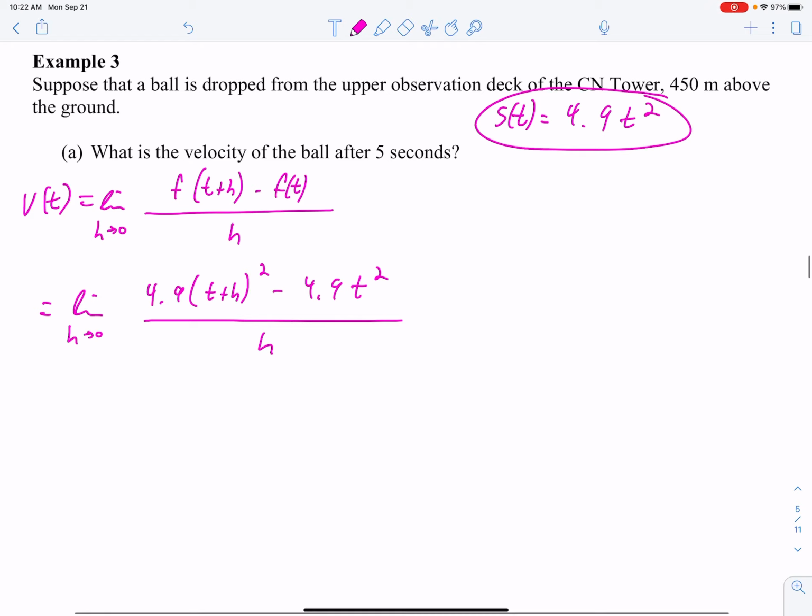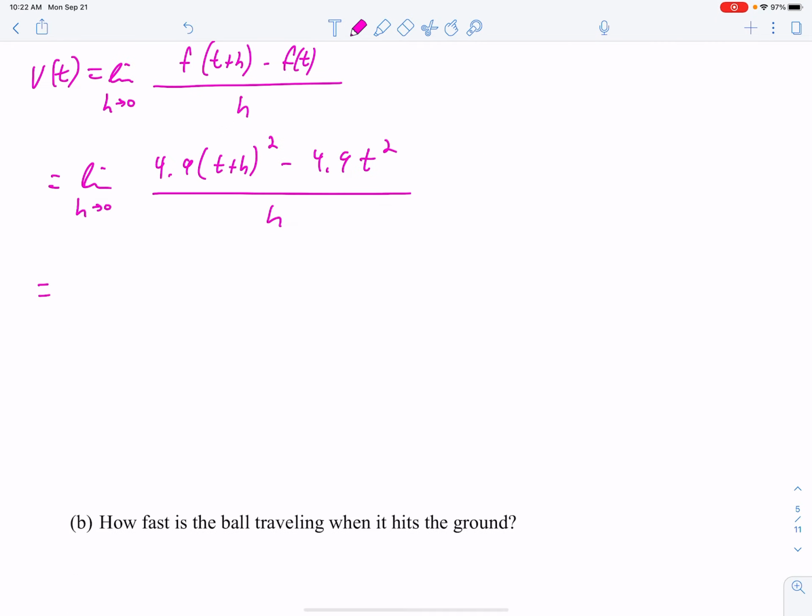So you've got some work to do here. Remember PEMDAS: there's nothing we can do inside the parentheses, but we can do exponents, so we're going to FOIL the t plus h. That's t squared plus 2th plus h squared.